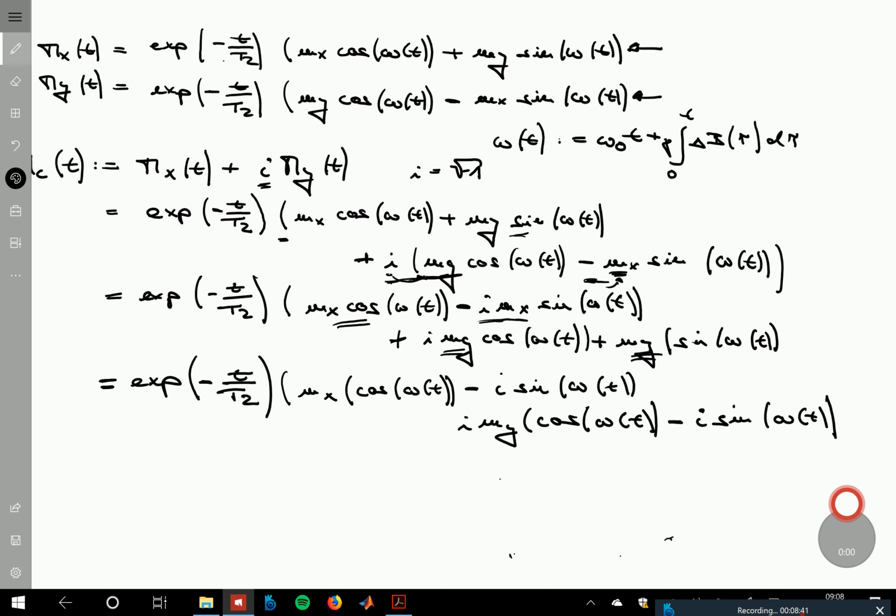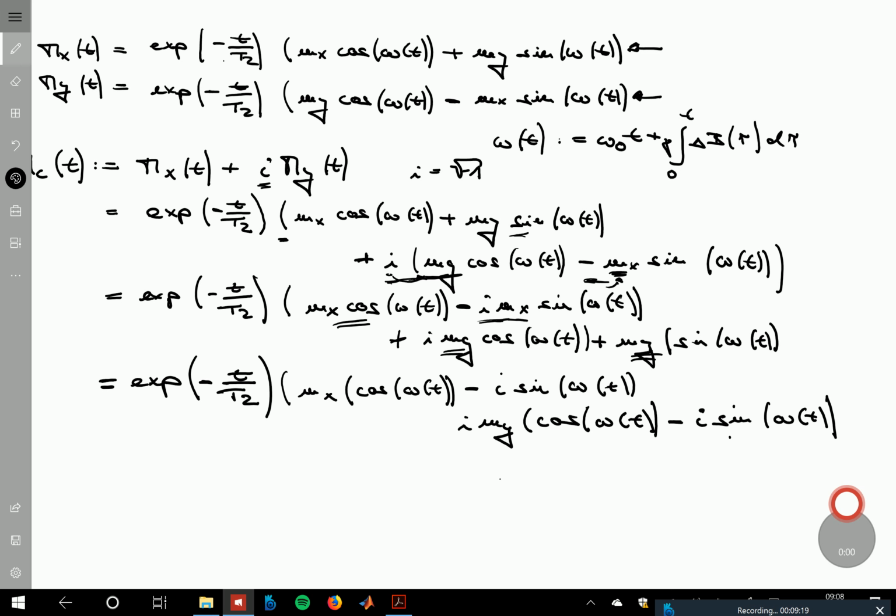If you resolve this bracket, you have i my times minus i sine. So i times i is minus 1, and this gets multiplied by a minus 1, so you have again plus my. That's the trick here: using it to get also here a cos omega t and a minus i sine omega t, basically taking the i out of the brackets and putting another i in.